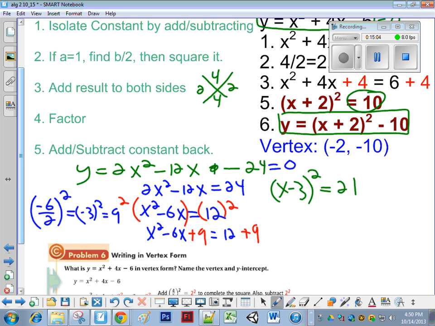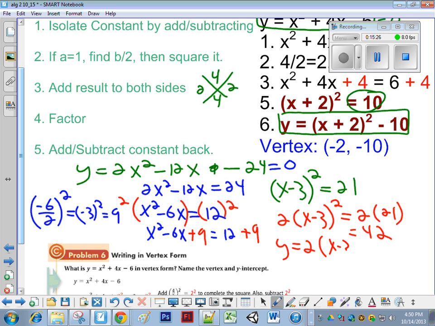So if I was to change this, and if I doubled that, I would now have 2 times x minus 3 squared equals 2 times 21. So that's going to be 42. So my final equation would be y equals 2 times x minus 3 squared minus 42.